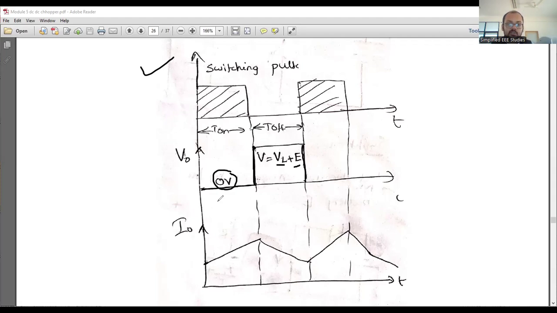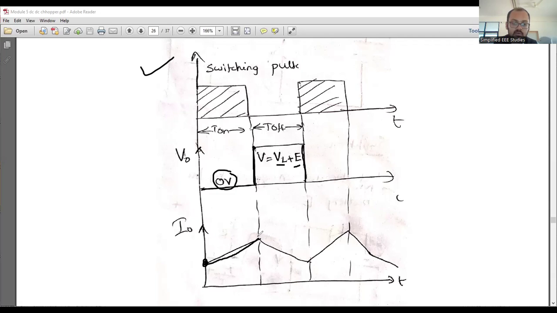What about the changes in the current? If I talk about the current, see at the beginning, as soon as the switch is closed, when the switch is on, the inductor current will be getting increased. Since it is continuous conduction mode, the inductor current never reaches zero. That is what I have drawn. In spite of putting it at zero, I have drawn it here because we are working this particular converter in continuous conduction mode.